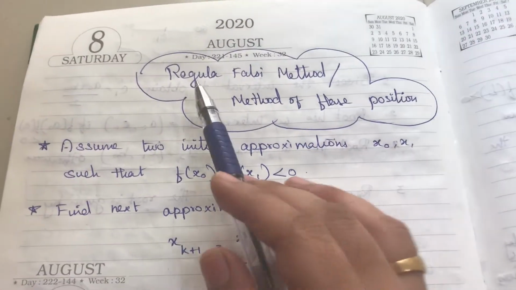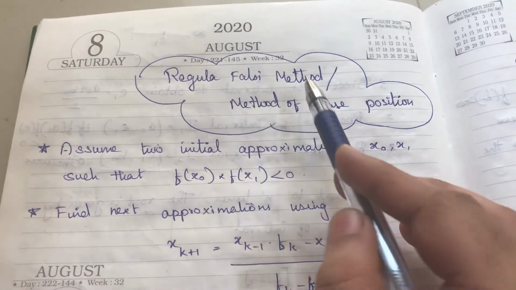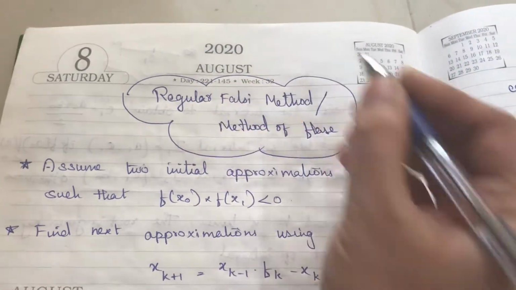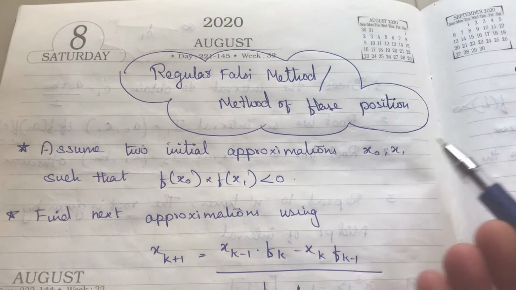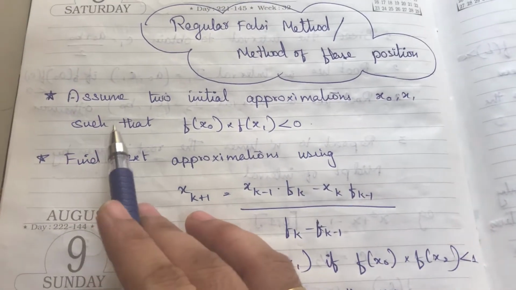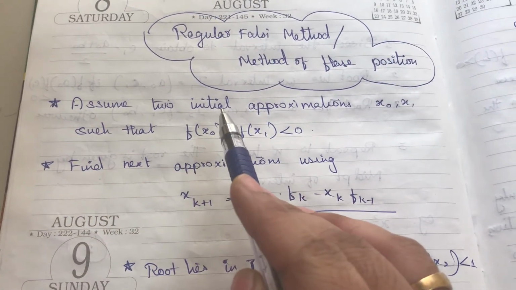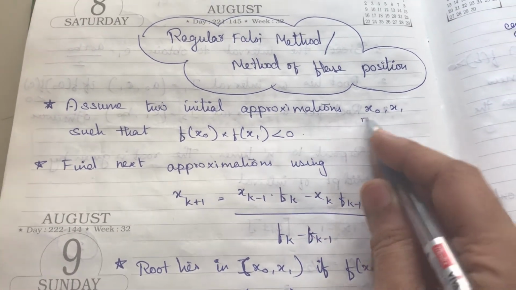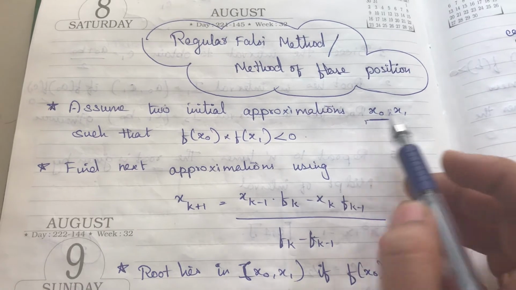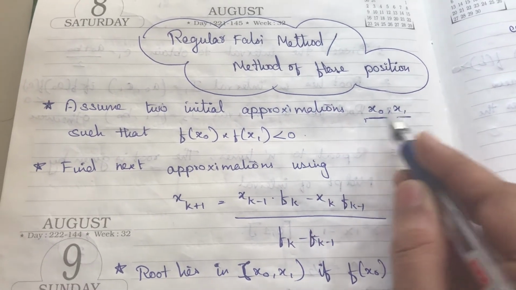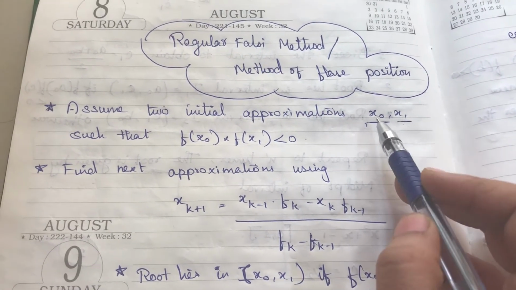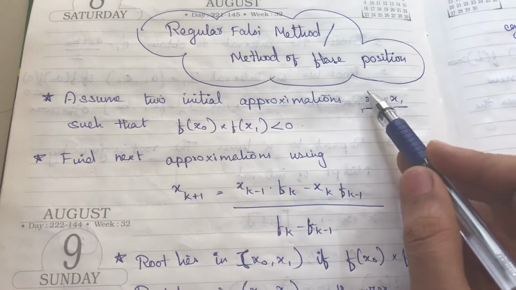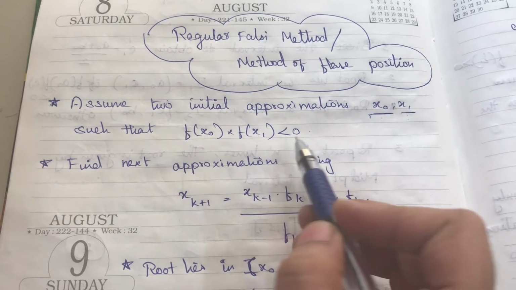So the next method, the Regula Falsi method, or method of false position. Assume two initial approximations, x0 and x1, such that f of x0 into f of x1 is less than 0.